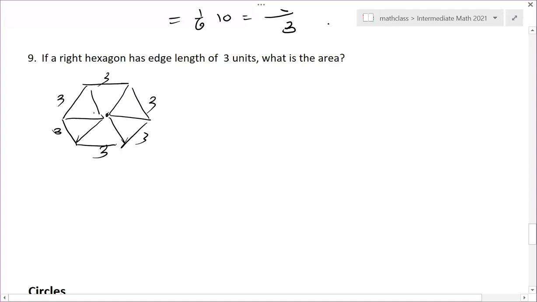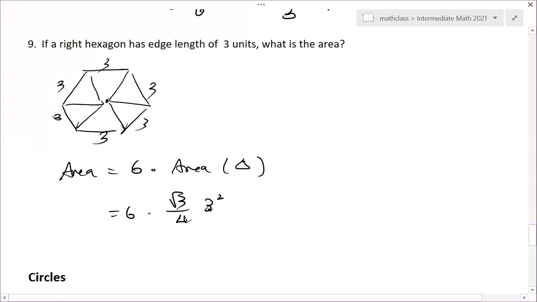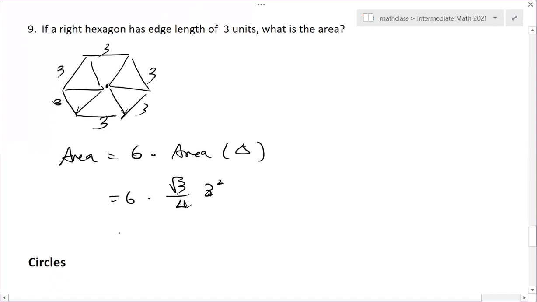So the area is going to be 6 times the area of those equilateral triangles. Each equilateral triangle is going to be square root 3 over 4 times 3 squared. And 6 divided by 4 is 3 over 2, and here it's going to be 3 squared, so I'm going to write down 27 square root 3 over 2.